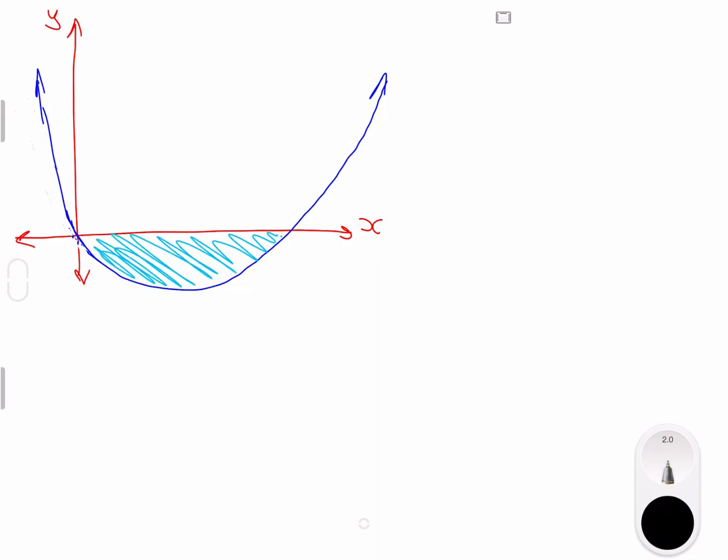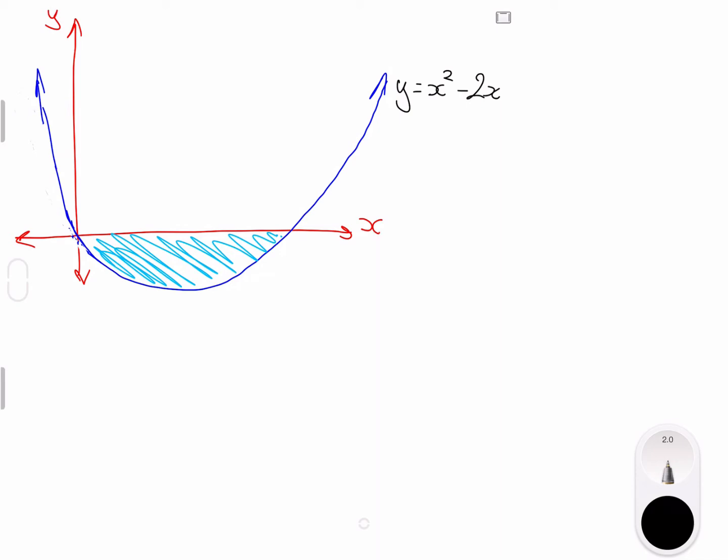Alright, so what I've got drawn here is a function. In this case, the function is y equals x squared take 2x, and I want to know what is the area that I've got shaded here, the area between the x-axis and the bottom of the graph.